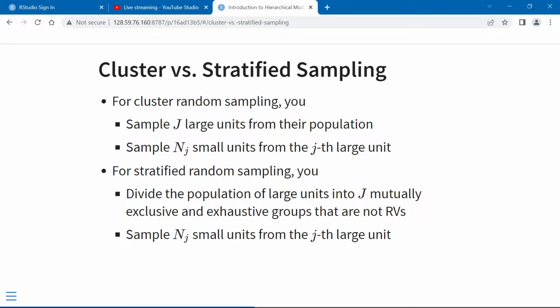So maybe you sample J equal 100 schools from the population of high schools in the United States, or something like that. And then within each of those capital J schools, you sample N sub J small units, which would be like students or classrooms or something like that, from within the little j school.